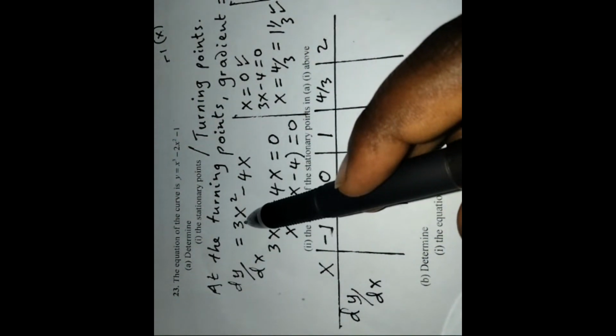So we can get several values of the gradients now. In this case, at -1, because we have a gradient function, the value of the gradient is going to be, we begin with 3, then -1 squared, -4 into -1.